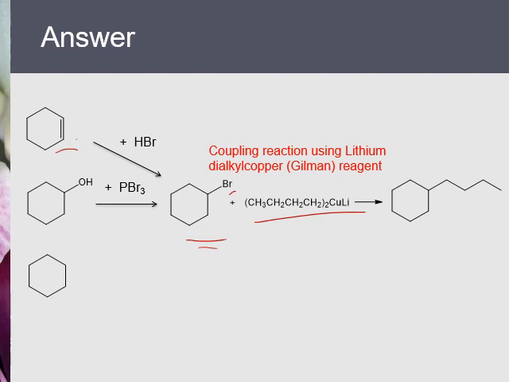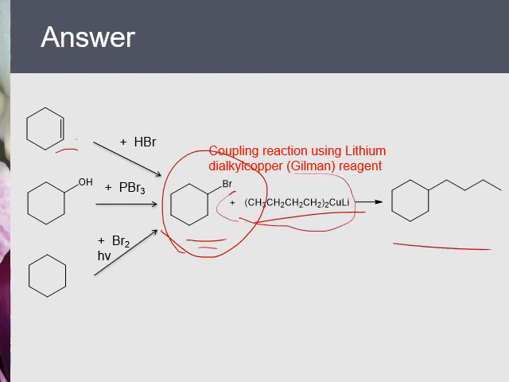If it's tertiary, you can simply add HCl or HBr. If it's alkane, then radical chain reaction, so you add bromine under light. After you make this bromocyclohexane, it undergoes a coupling reaction that will give you the final product.